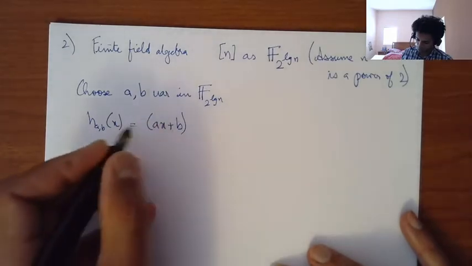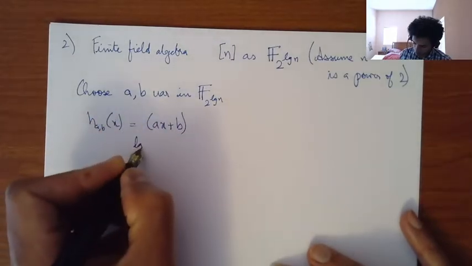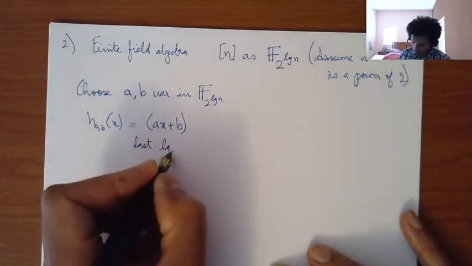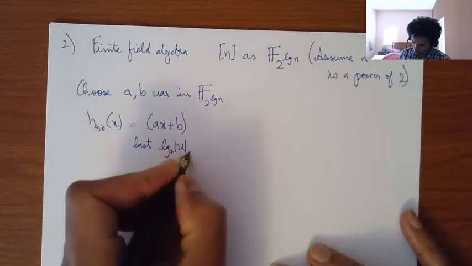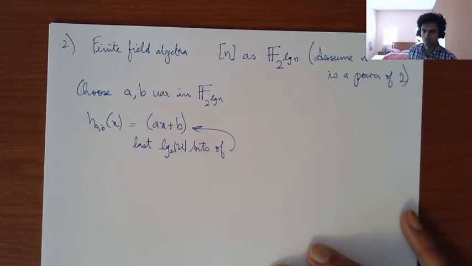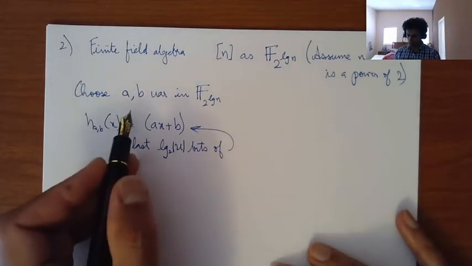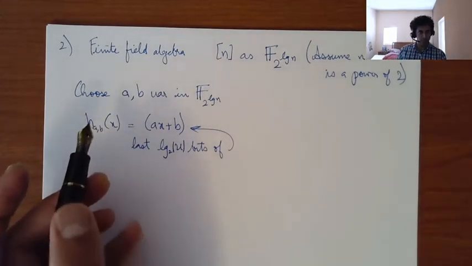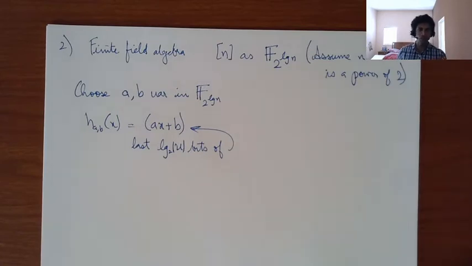So we'll say it's actually the last log u bits of this. Right? So you do the algebra in the finite field, and then you just truncate and you show the bits.